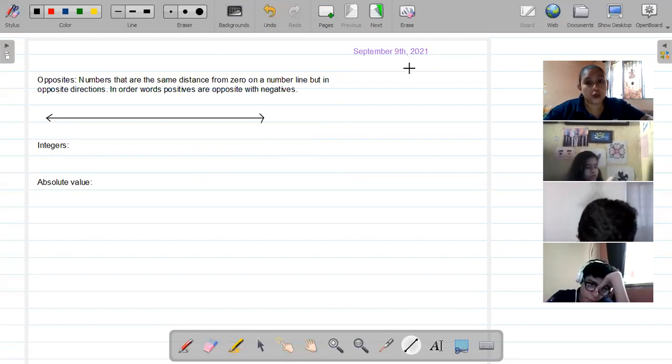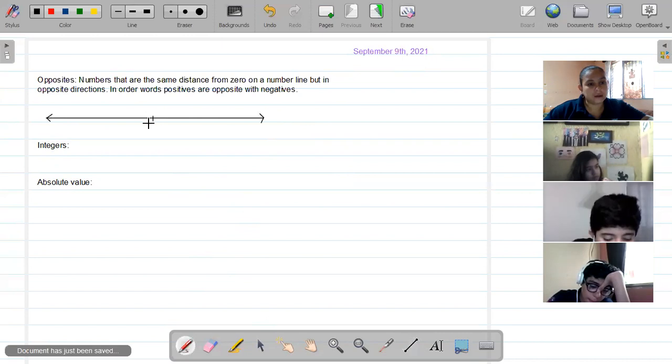So we're going to place arrowheads. We usually place 0 right in the middle.